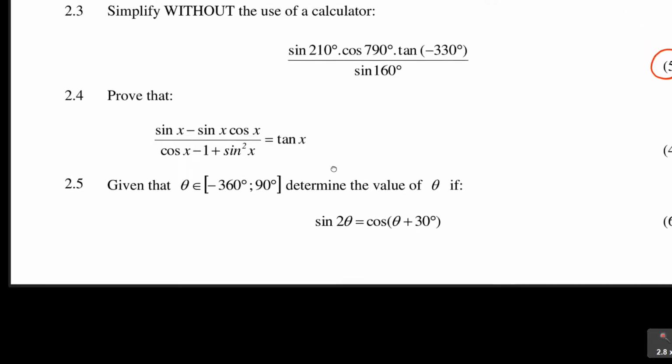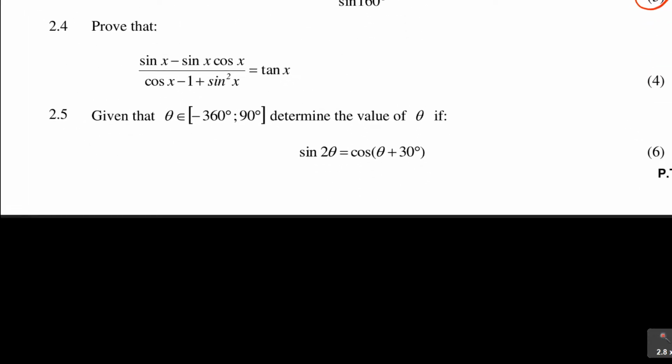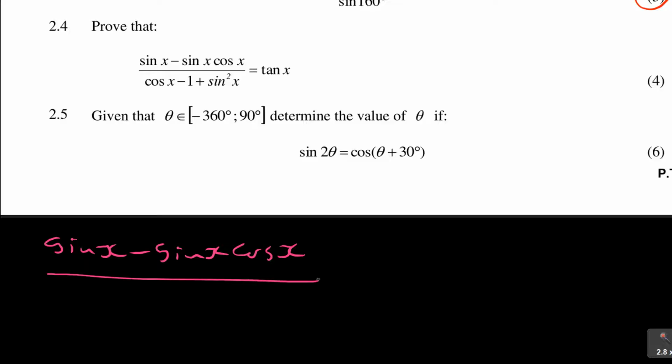It says I need to simplify, or rather prove that sine x minus sine x cos x all over cos x minus 1 plus sine squared x will be tan x. It's 4 marks. Okay.